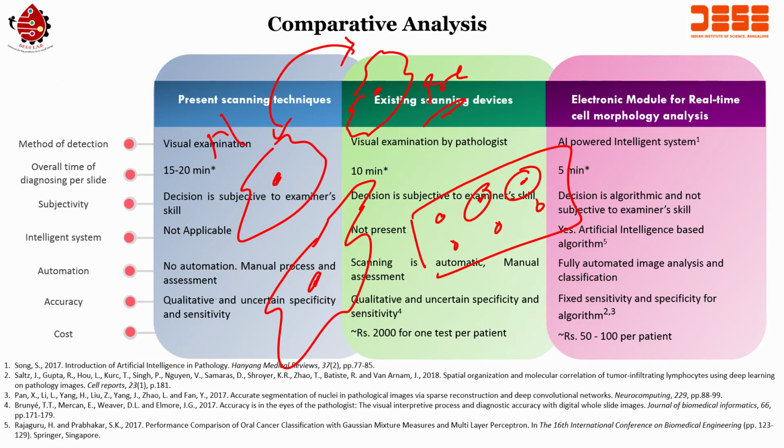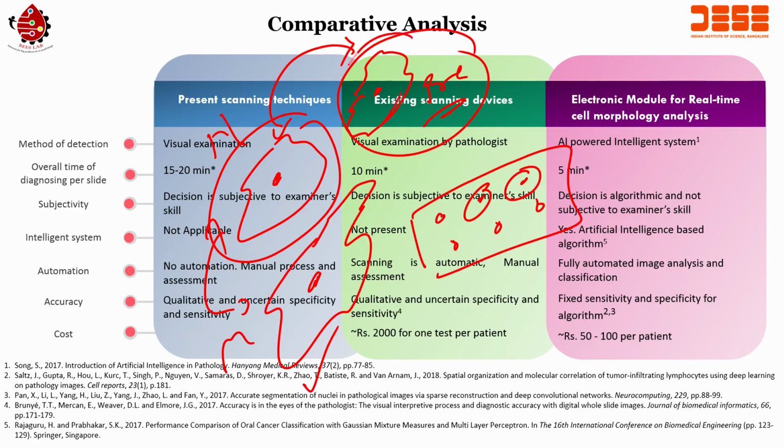But for normal and malignant, it is very easy. Normal versus pre-malignant is difficult, normal versus malignant is easy. But with a machine learning algorithm, you can delineate the pre-malignancy with respect to normal. That is the advantage of machine learning, which is not there in any of the existing devices.